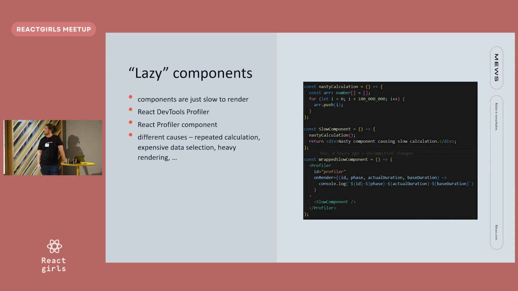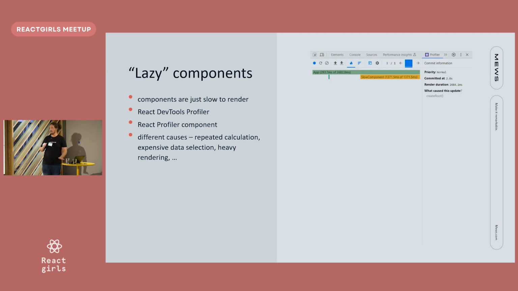It will add 100 million numbers to an array and drop it. So it's pretty useless. So we just render some diff. But it's visible there, and from that point you can do your own investigation on what is wrong and why it is taking so much time to render.